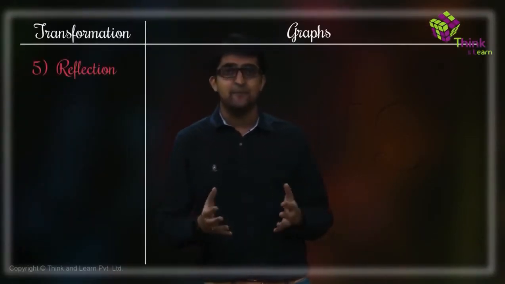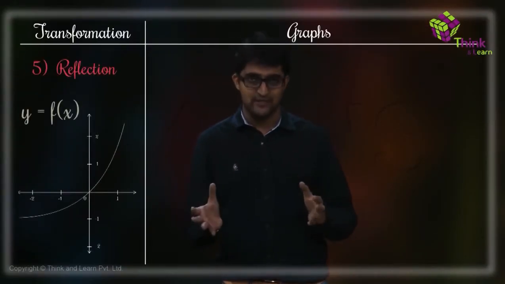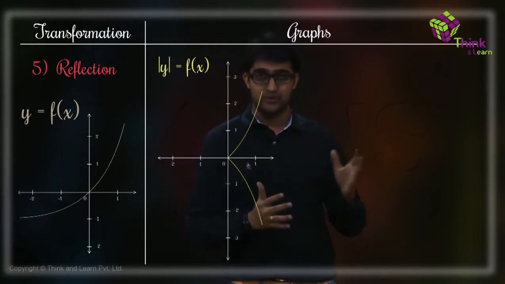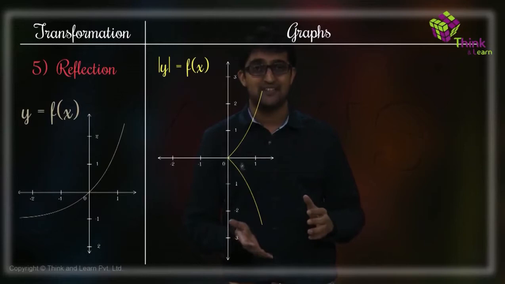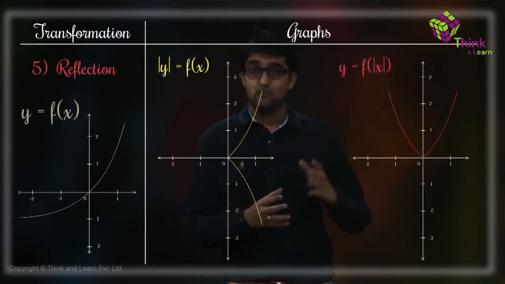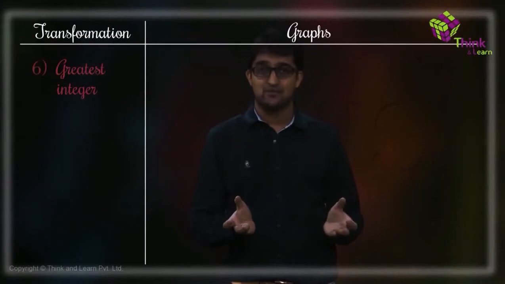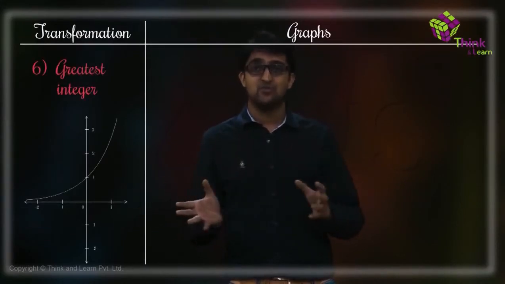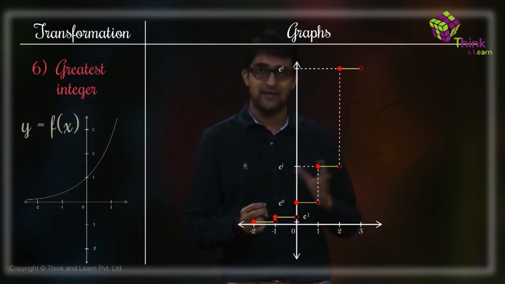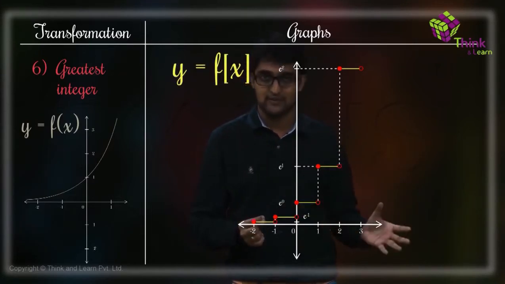The next transformation you did was reflection, where you said that if I have a function y is equal to f of x, you want to reflect this function along the x-axis, you make it mod y is equal to f of x. If you want to reflect it along the y-axis, you make it y is equal to f of mod x. Then finally you did two more transformations, the more complicated, more advanced ones. You can transform a continuous function into a step function by converting y is equal to f of x into y is equal to f of greatest integer of x, right?